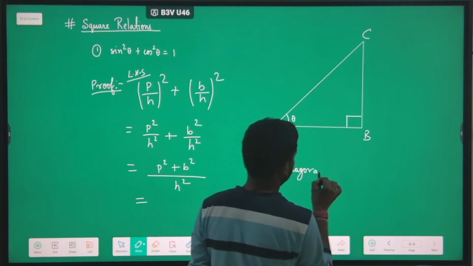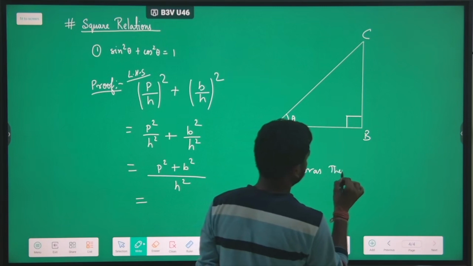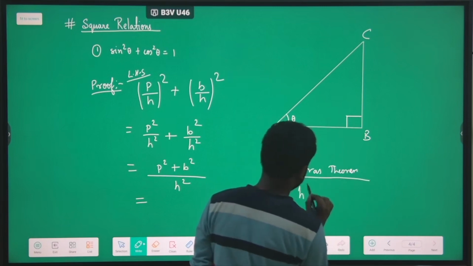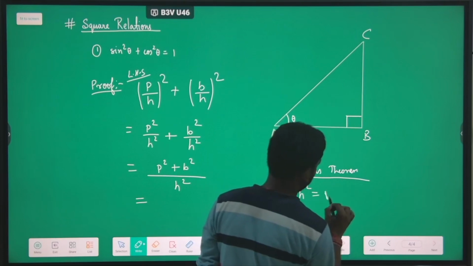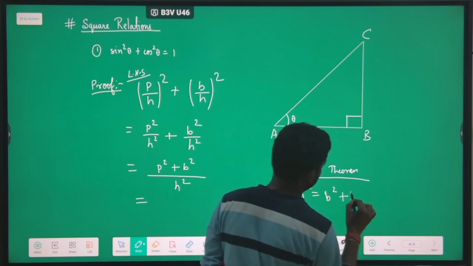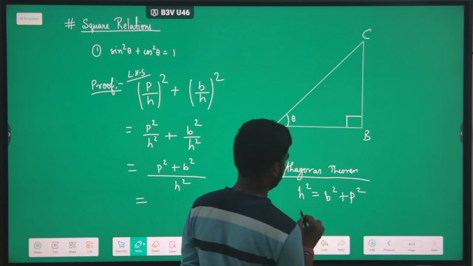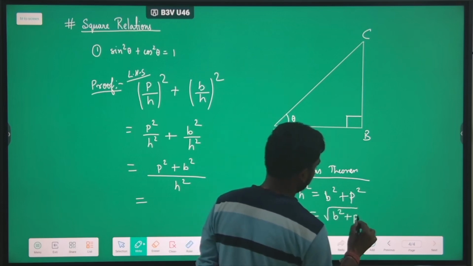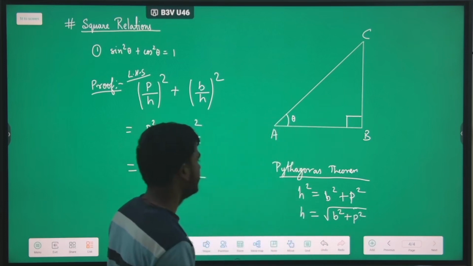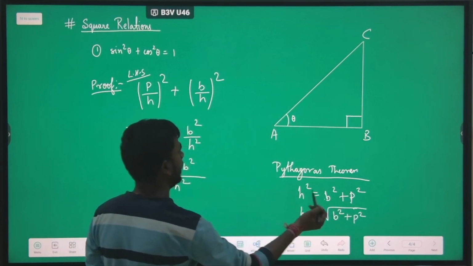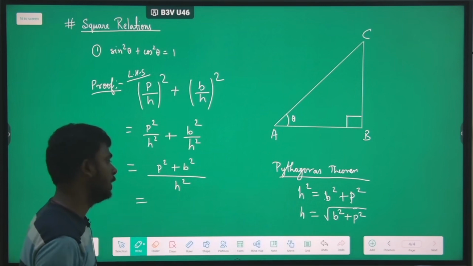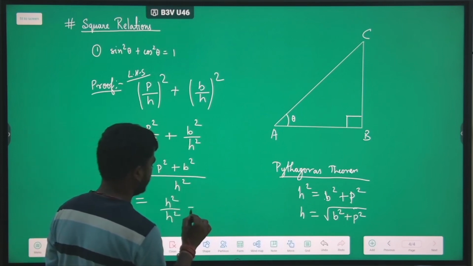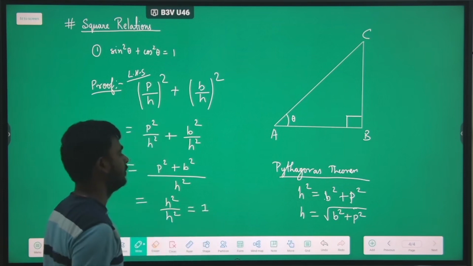Pythagoras theorem for right angle triangles says hypotenuse square is always equal to base square plus perpendicular square. So H will be equal to root under B square plus P square. So this P square plus B square is actually H square, the hypotenuse square. So hypotenuse square upon hypotenuse square will give the value as 1.